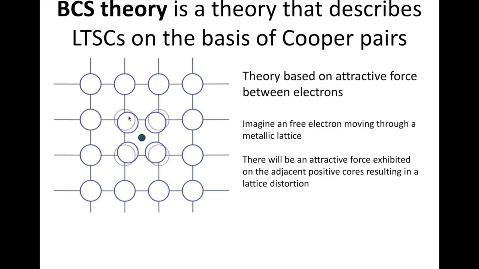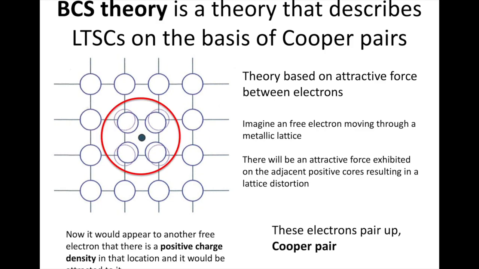And then we have all of these positive ionic cores of the metal, because the free electrons are floating around, so the core left over is positively charged. Momentarily, when the electron is near these positive cores, those positive cores are going to be very slightly distorted towards and attracted to this negative electron, right? So it's attracted to that negative electron as it moves through.